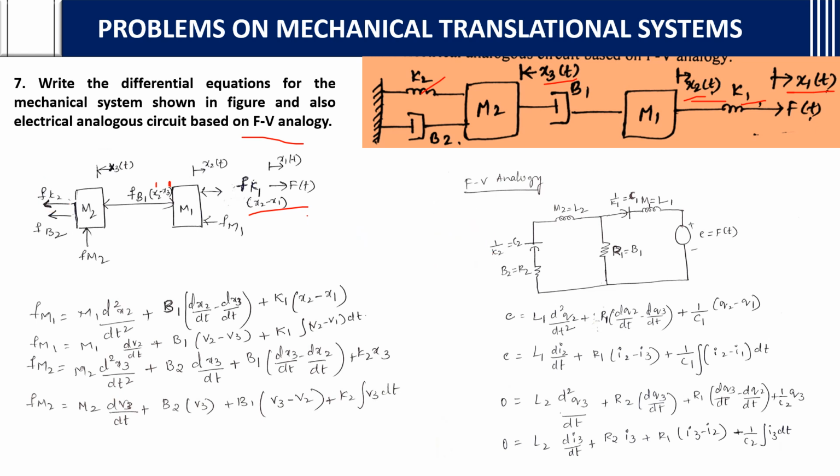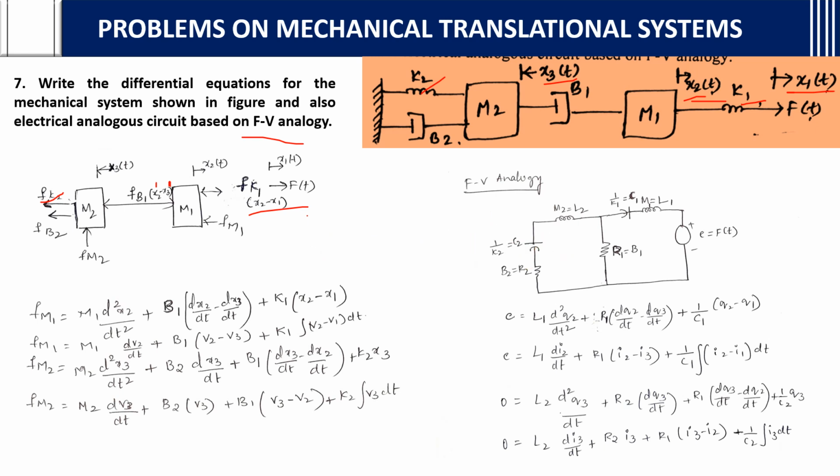Follow any one. Similarly, F_B2 you can write as B2 into dx3 by dt. Understand? You can write in that way also.